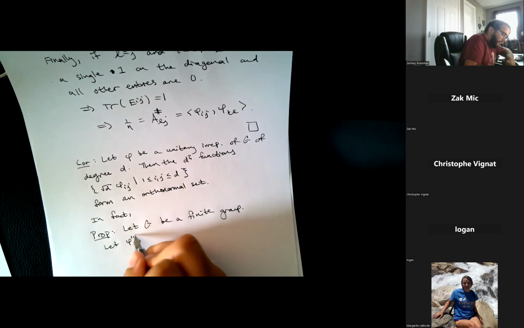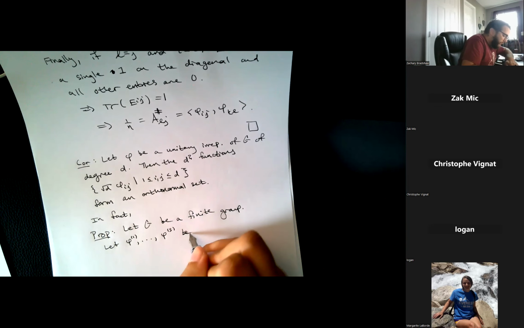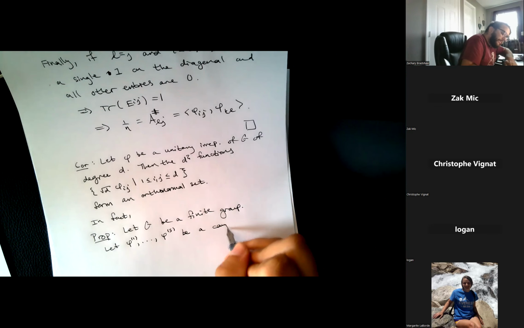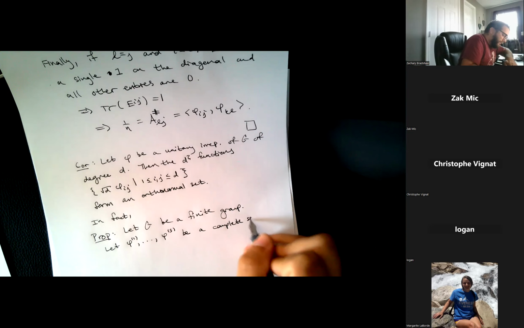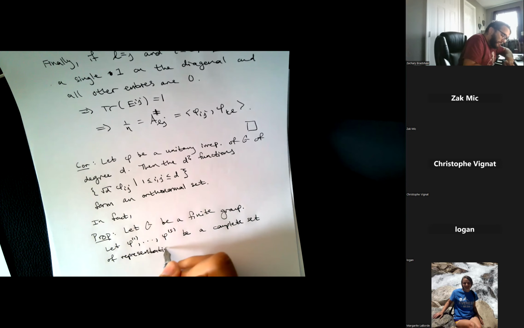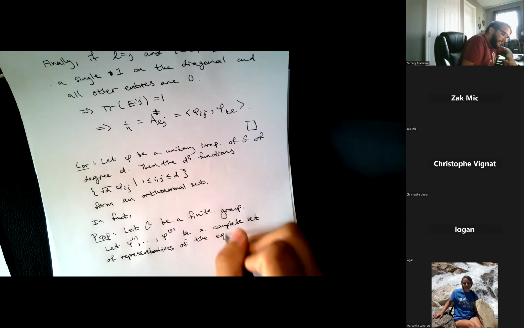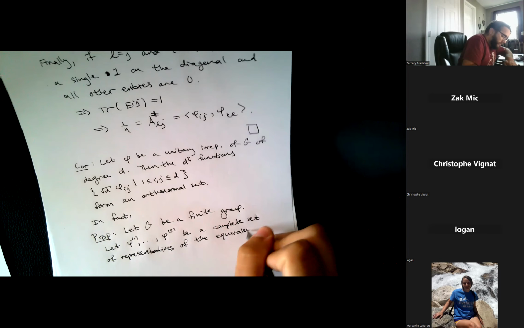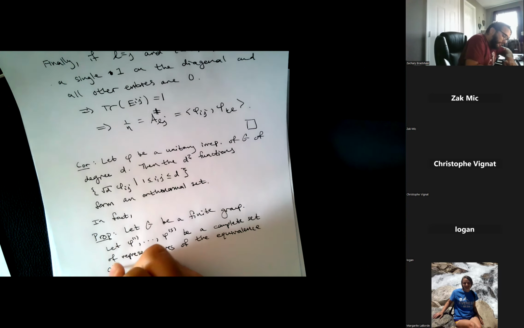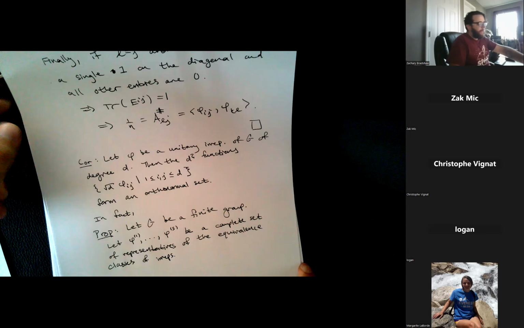Let phi 1 through phi s be a complete set of representatives of the equivalence classes of irreducible representations.